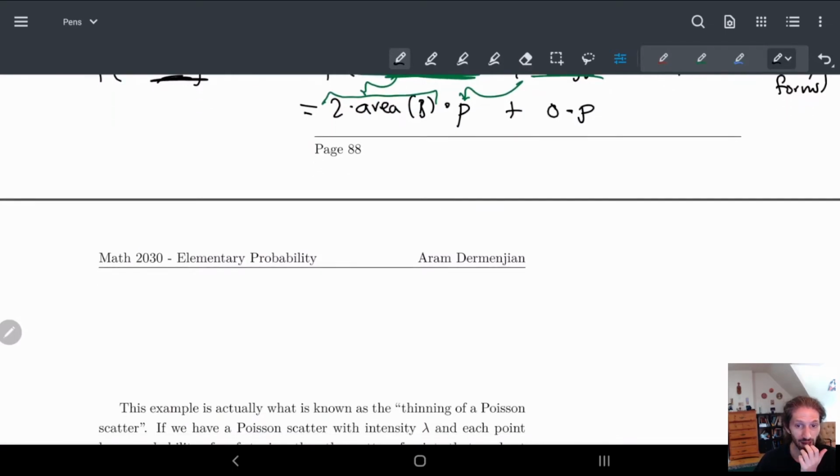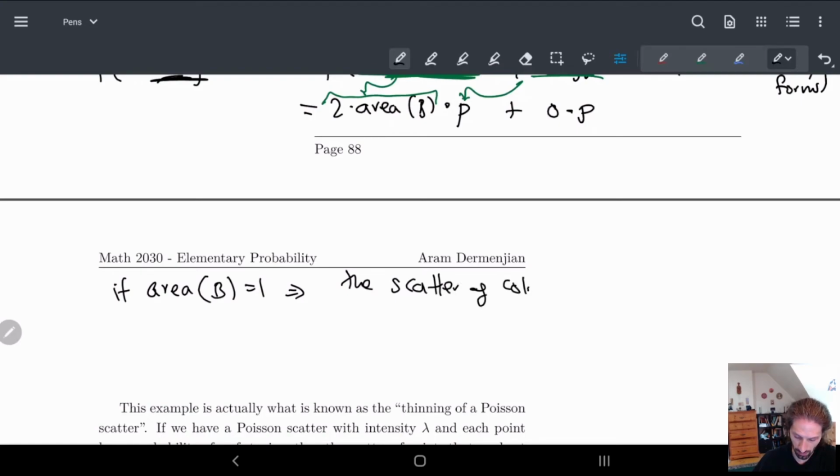So what this means is that the scatter of colonies has intensity 2P per unit area.